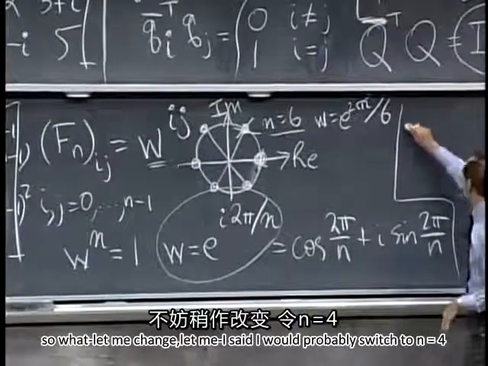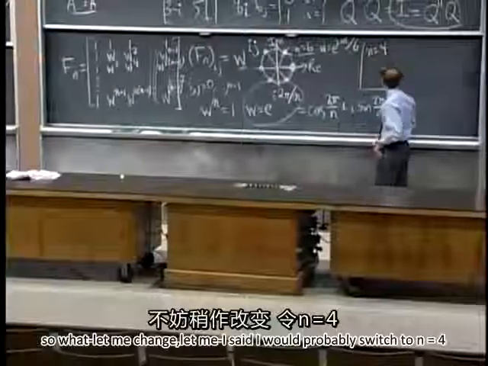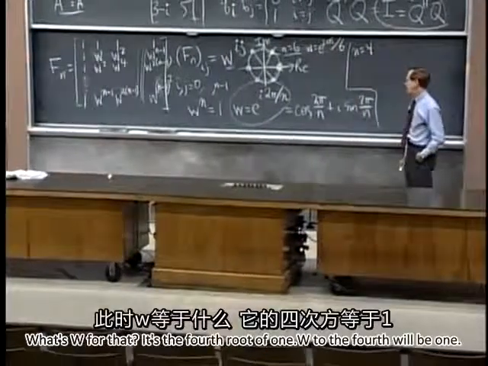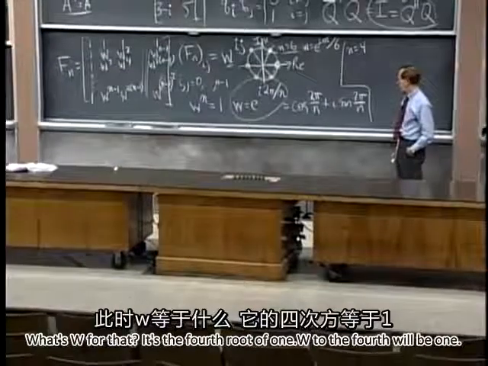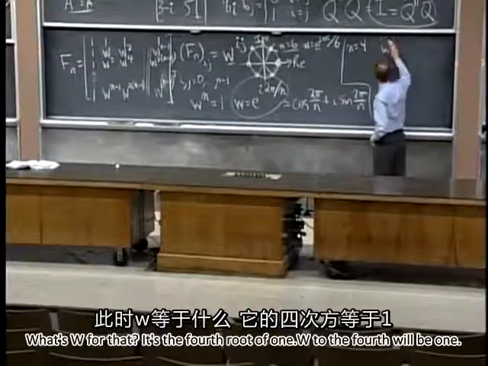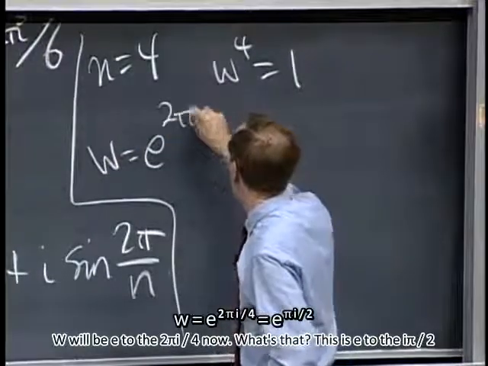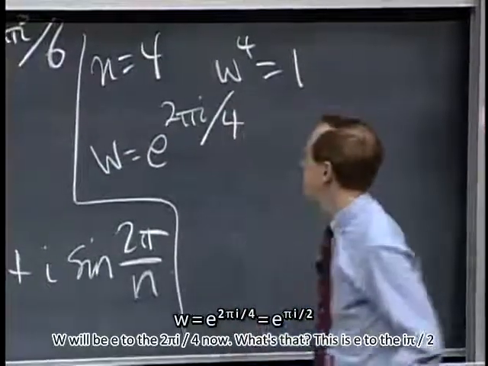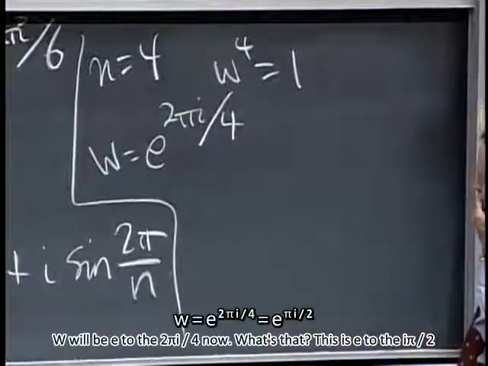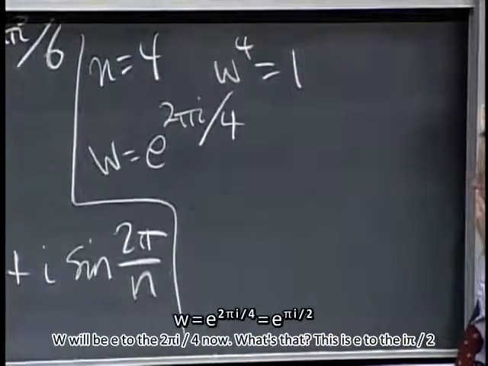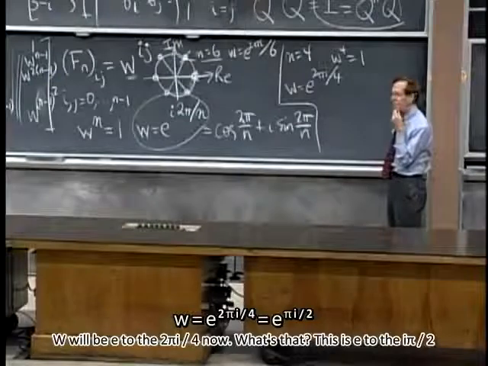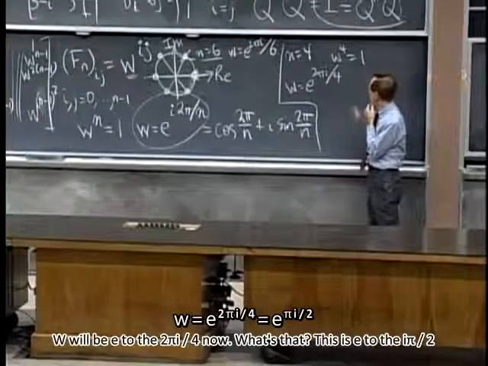So I said I would probably switch to n equal 4. What's w for that? It's the 4th root of 1. w to the 4th will be 1. w will be e to the 2 pi i over 4 now. What's that? This is e to the i pi over 2.